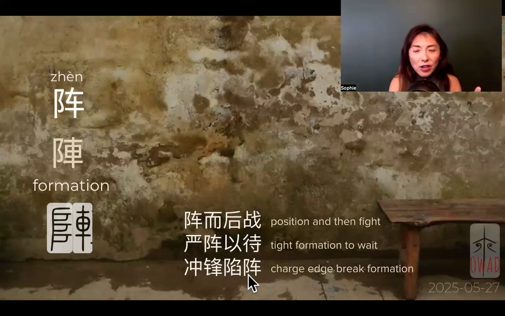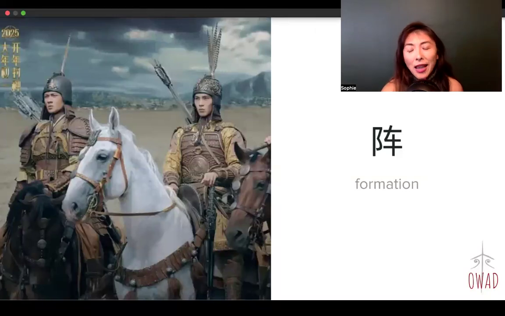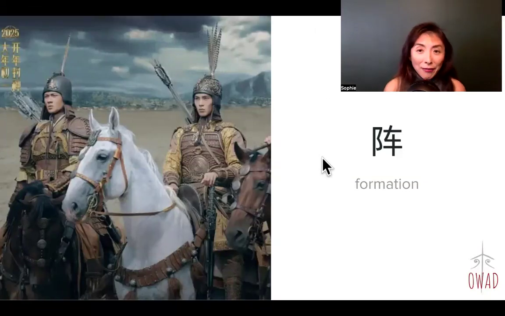We use 陷阵 to mean breaking a fully defended, tightly knit formation placed with war vehicles and, in between, foot soldiers. Then the cavalry charge, serving as the knife's edge to cut into such a tight formation. So that's 冲锋陷阵.